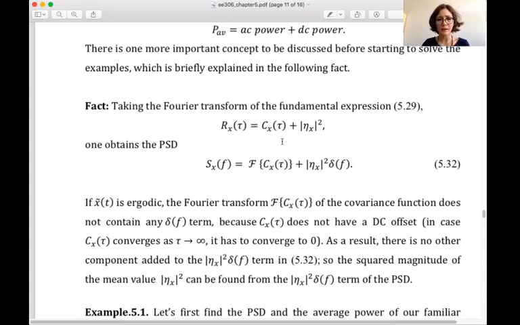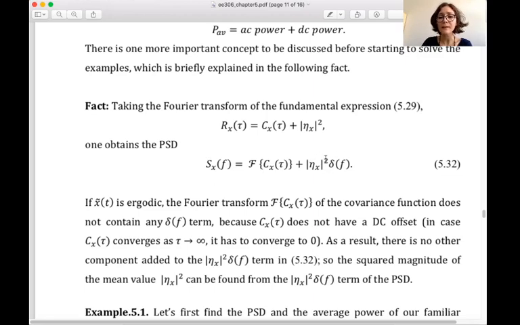This is kind of convenient, because imagine that you don't know the expression for your random process. Somehow somebody gives you the power spectral density of the process, or you estimate it by some means. You can look at the power spectral density, and you would immediately know the AC power and the DC power of your process. How? You look at whether Sx of f contains an impulse at f equals 0.